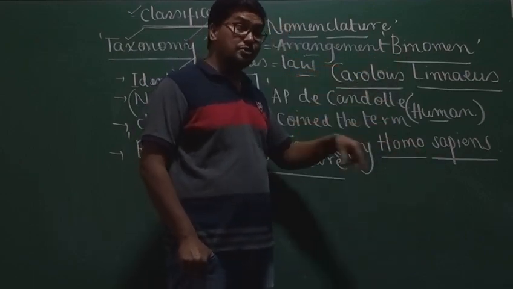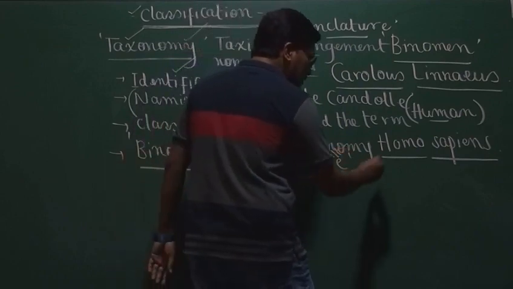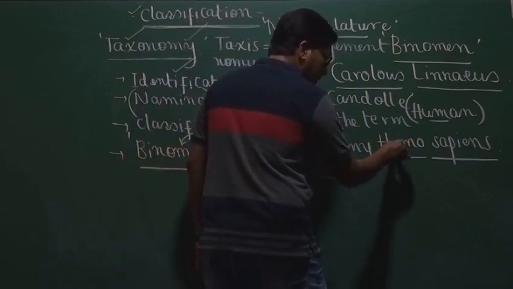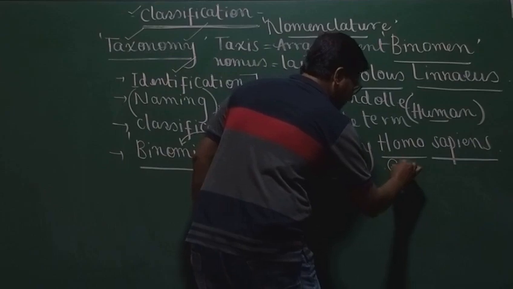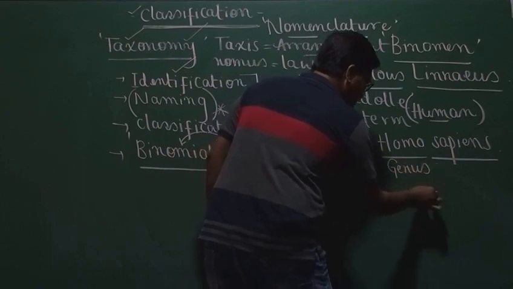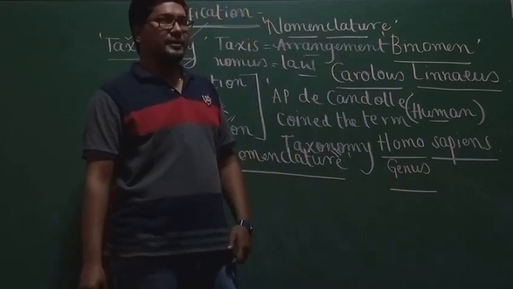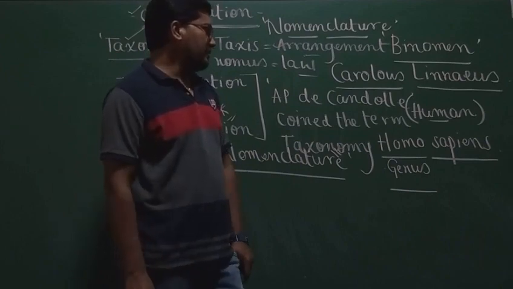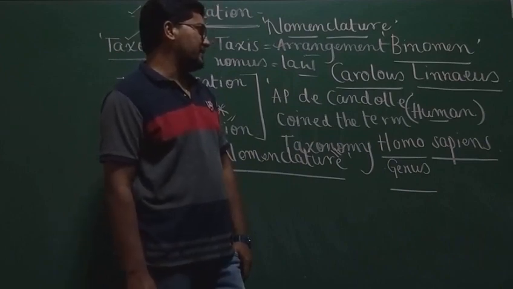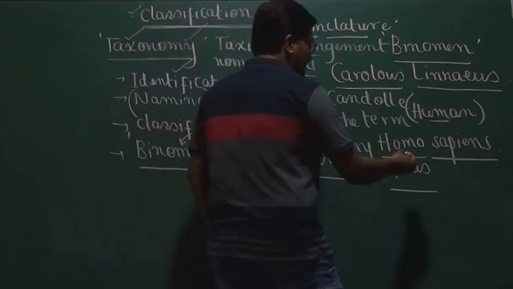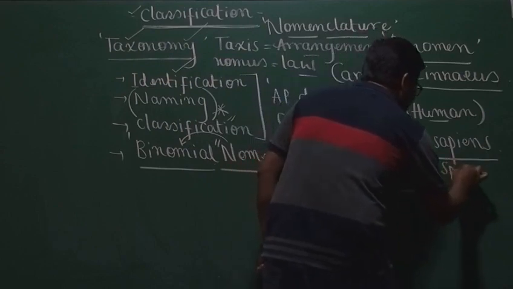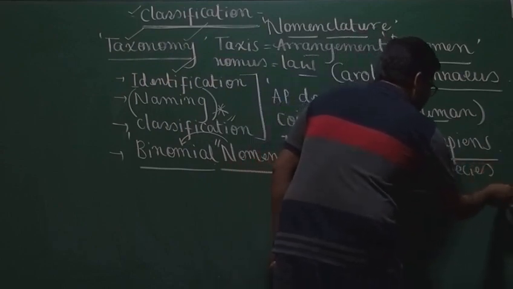Binomial. And students should remember, in binomial nomenclature, the first word always represents the genus name. In binomial nomenclature, the first name or the first word always represents what? Genus name. And the second word always represents the species name.